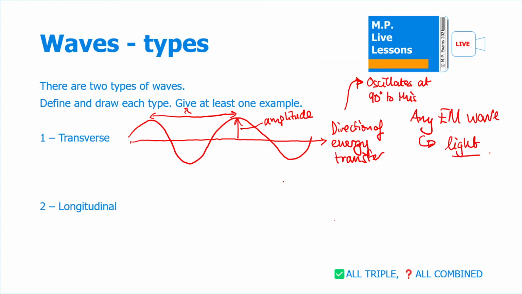The other wave is a longitudinal wave, so these would be more like lines like this. Still, they have a direction of energy transfer, like this.